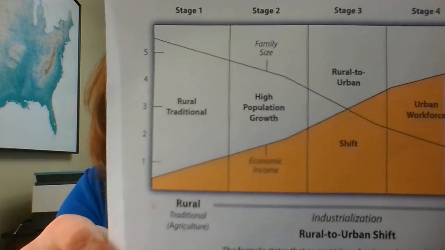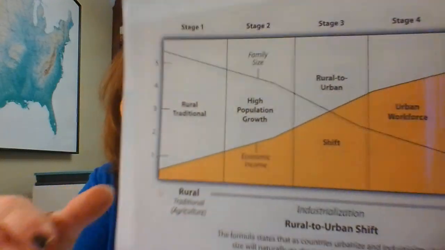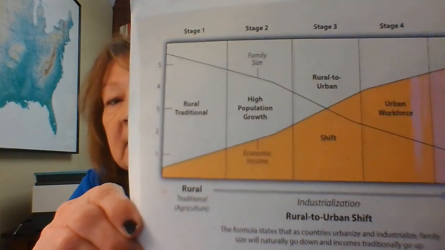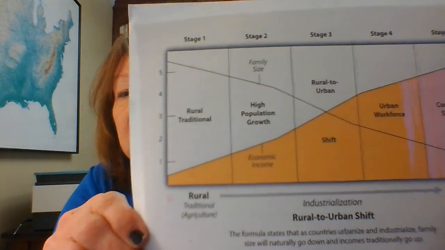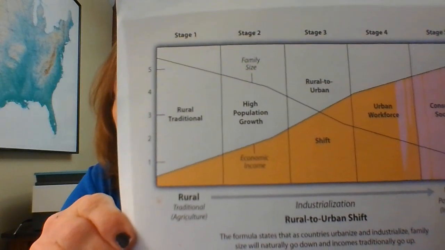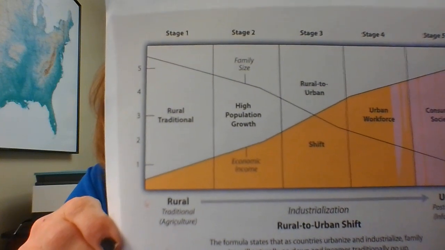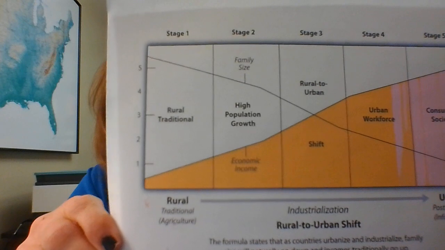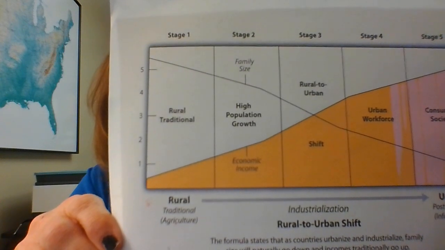The formula that Rostow uses in his model states that as countries urbanize and as people increasingly move into cities and industrialize, the family size will naturally go down and incomes will traditionally go up.